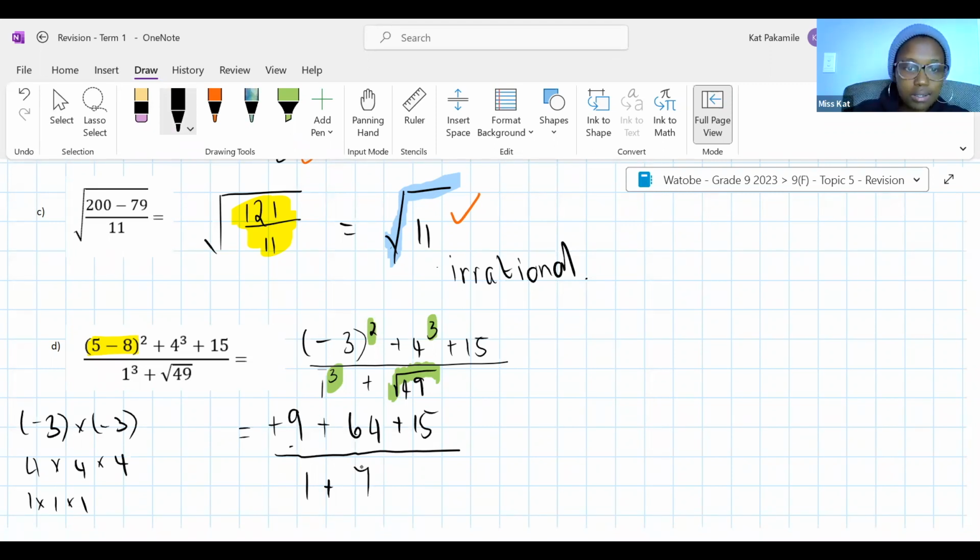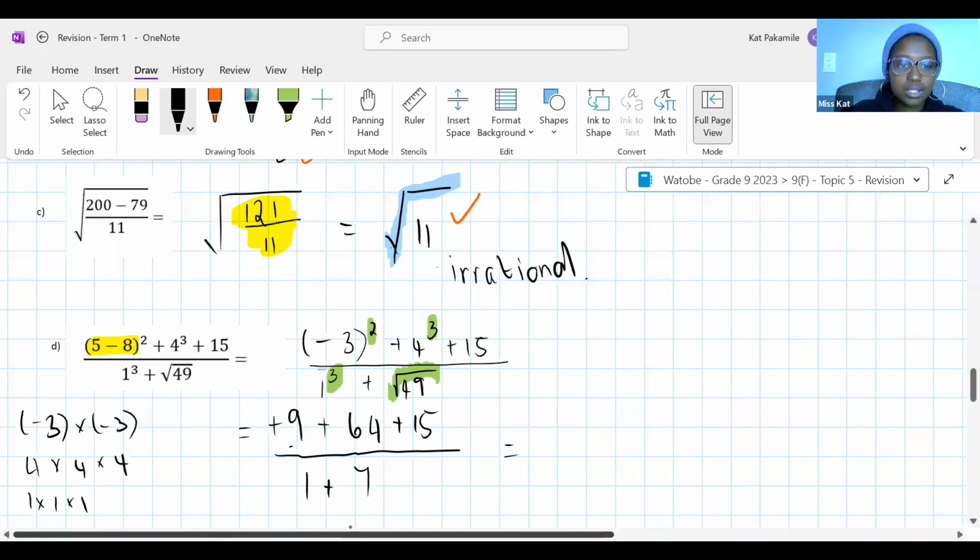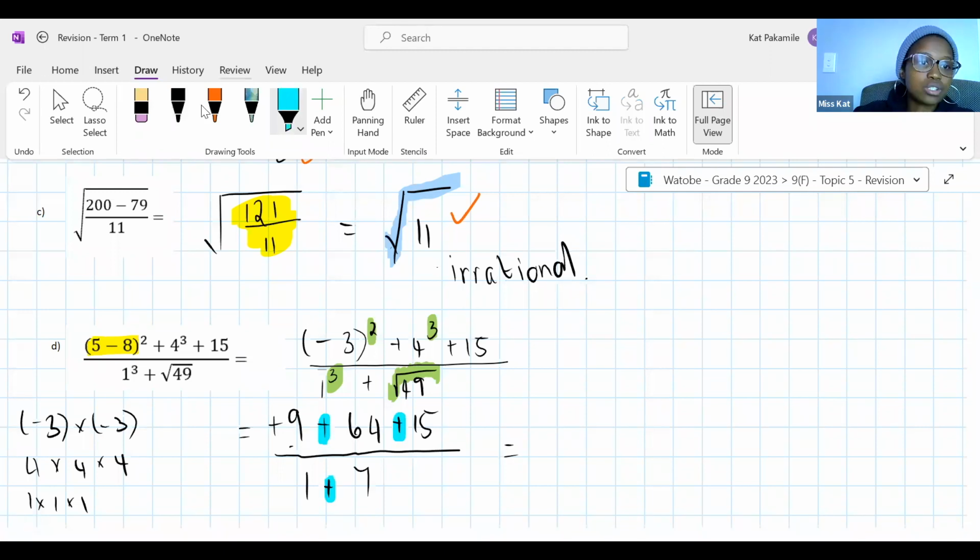Now let's deal with the numerator and denominator separately. All we have is additions now. Isn't this pretty easy? Addition, addition, addition. So now we just have to add 9 plus 64 plus 15. 88.